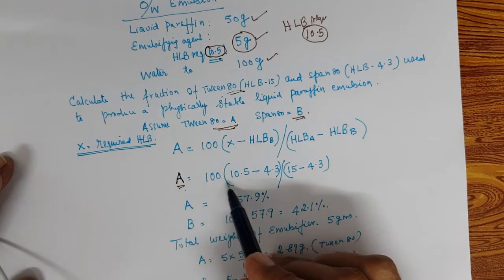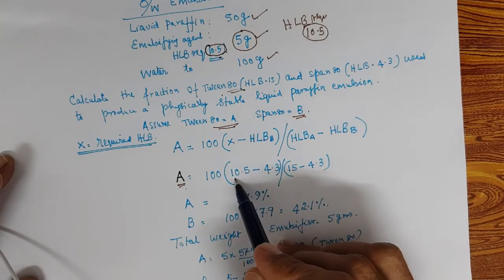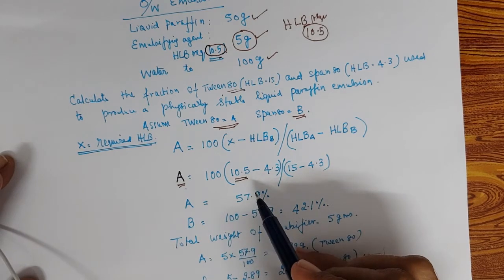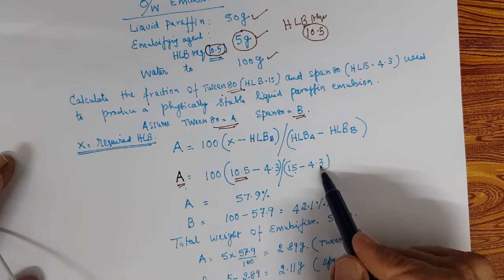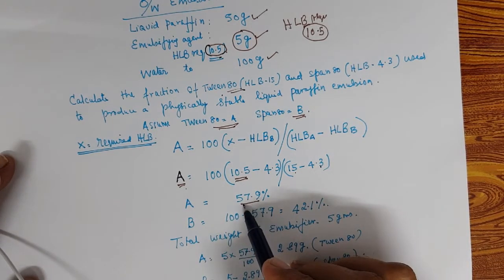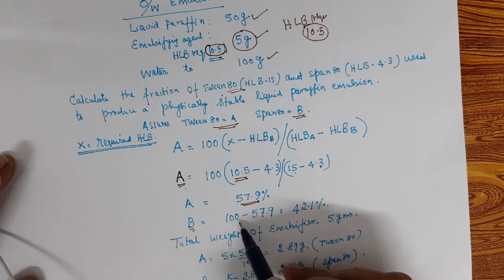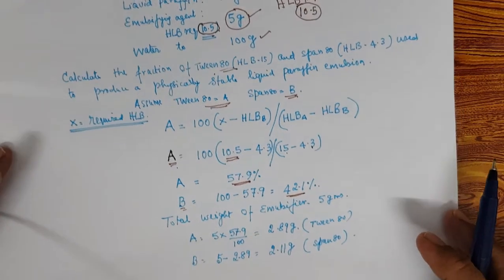Right? A is equal to 100 into 10.5, the HLB required, minus 4.3, divided by HLB of A minus HLB of B. If you calculate this, A will be 57.9%. B will be 100 minus 57.9, 42.1%.